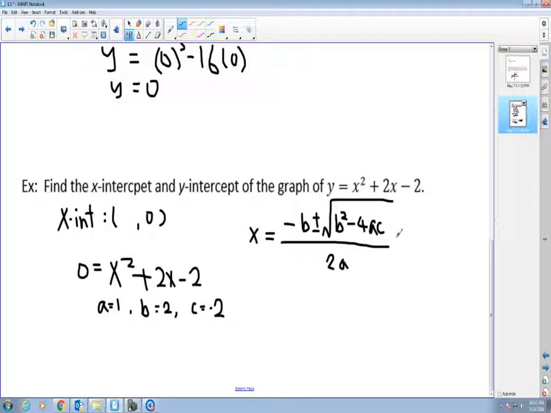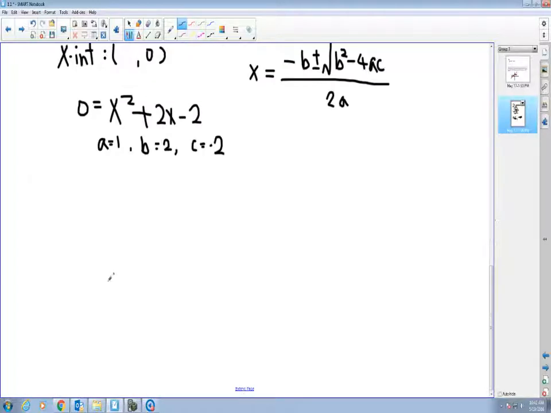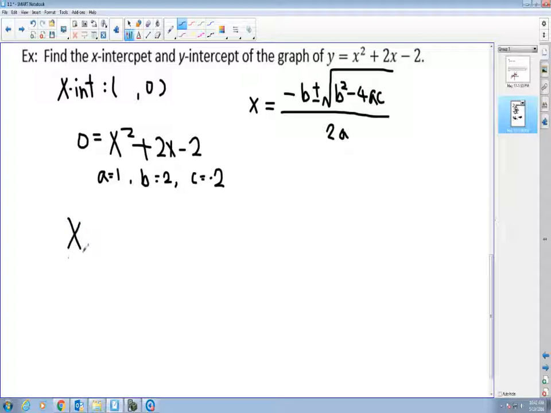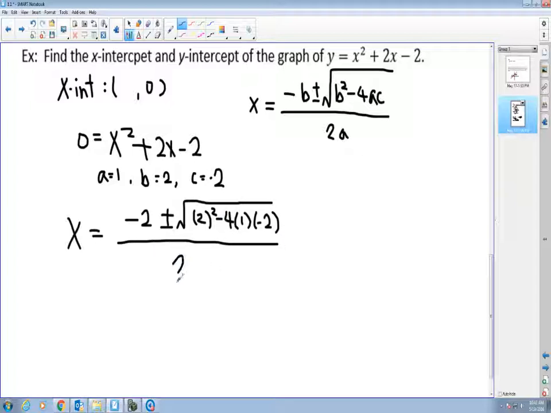So let's plug these coefficients into the quadratic formula. And I will get x equals negative b, which is just negative 2, plus or minus the square root of b, which is 2, squared, minus 4 times a, which is 1, times c, which is negative 2, and the entire thing divided by 2 times a.